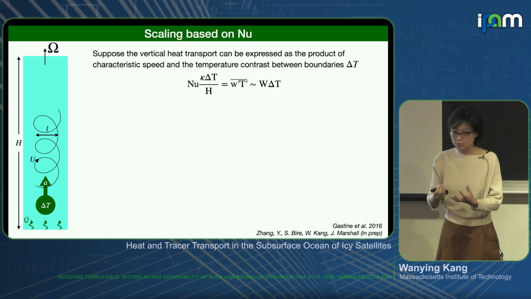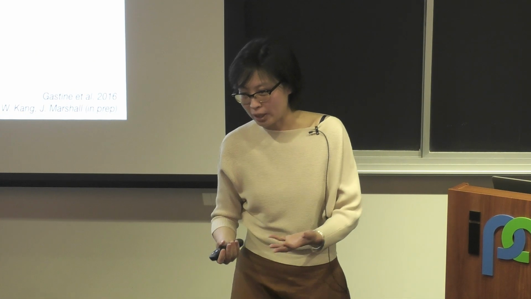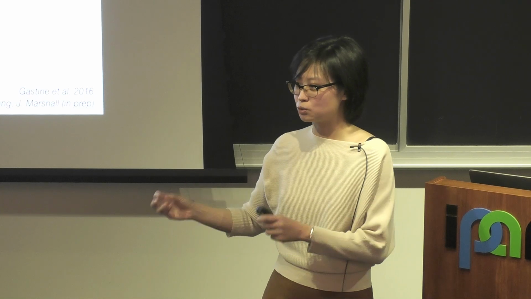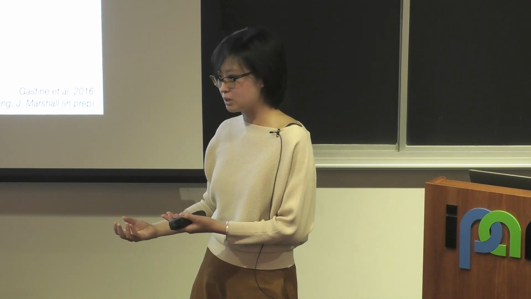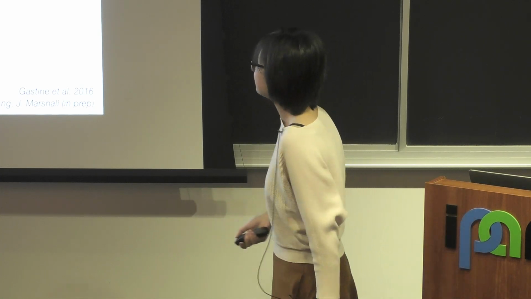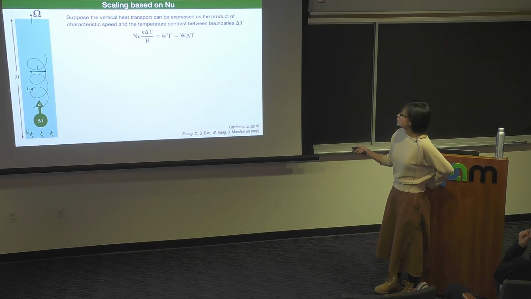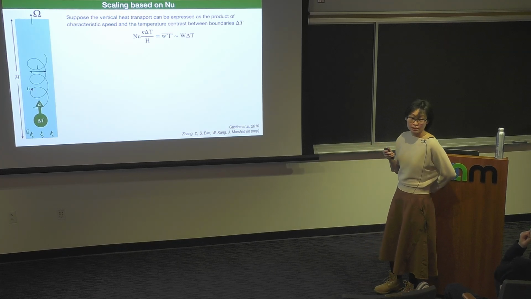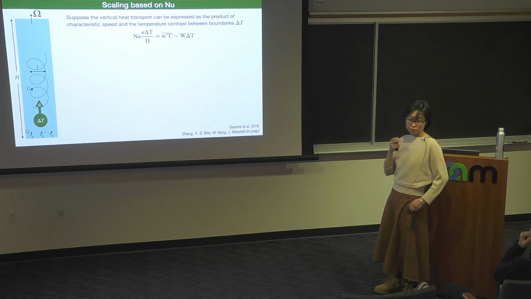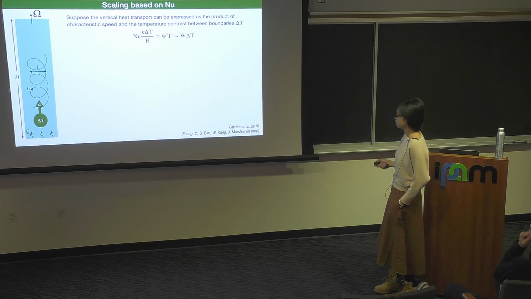And finally, there's this scaling based on Nusselt number. So just think about this problem. If you want to understand how quickly some tracer is transported from bottom to the surface, and the tracer is exactly correlated with temperature, then there's really no difference between transporting heat versus transporting tracer, right? They're the same set of equations. So then we can directly estimate the transport timescale based on some Nusselt number estimate.